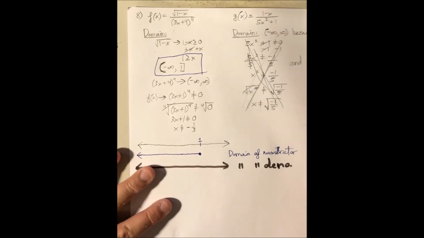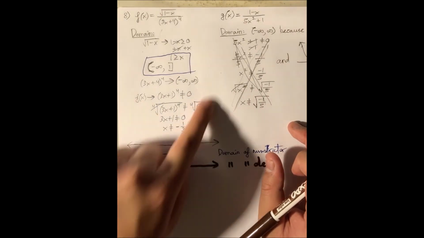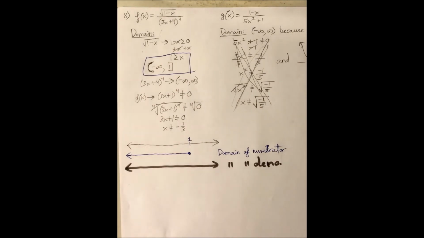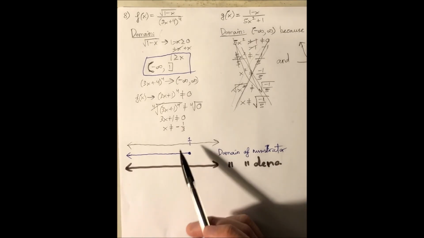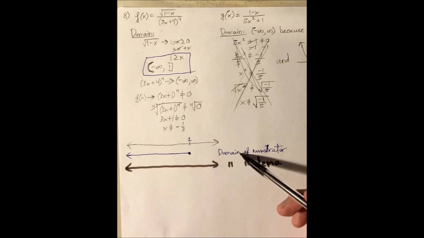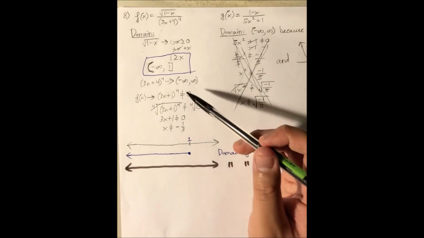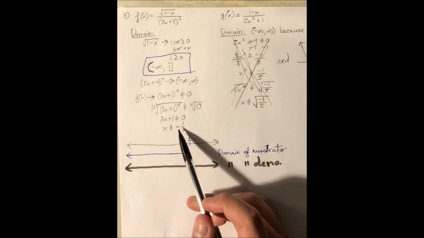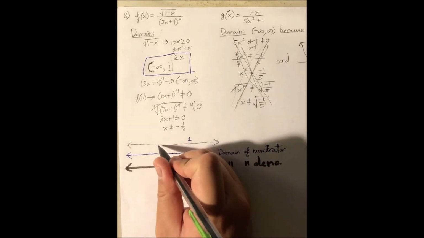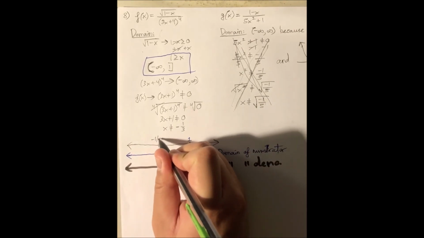But the domain of the entire function f has to include all of the x values in common of both domains of numerator and denominator, and all of the restrictions from both domains and from the entire function, which is x cannot be equal to negative 1/3. So maybe you're going to put negative 1/3 here.